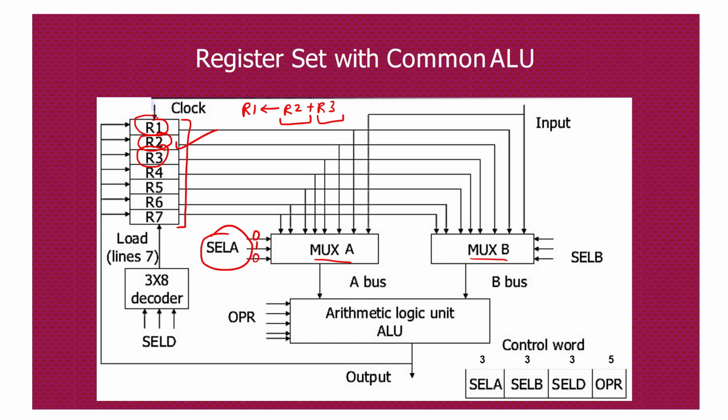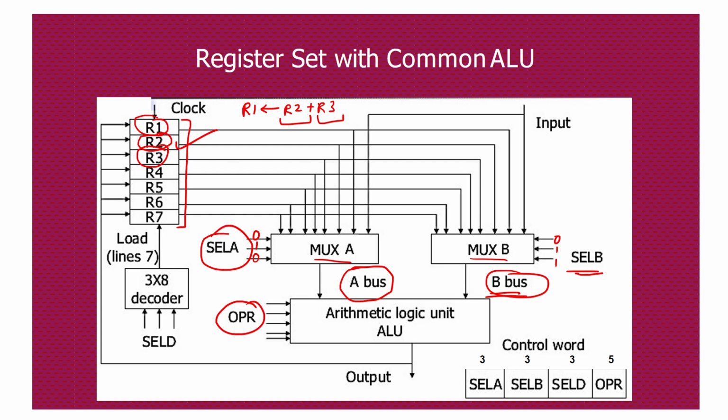This 010 will help R2 give its value to bus A, and similarly the selection B line will help in selecting which register value needs to be passed to the B bus. I want to pass R3, so it should be 011. Once these two buses get their values, the ALU will perform the addition.